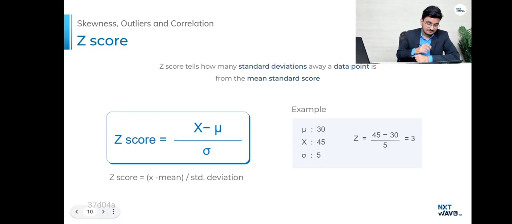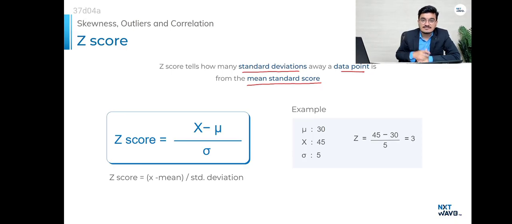Now, let's discuss z-score. Z-score tells how many standard deviations away a data point is from the mean, the standard score, right? Z-score is calculated for a given value or a given observation X by subtracting the mean value, which is mu, and dividing by the standard deviation of our data.